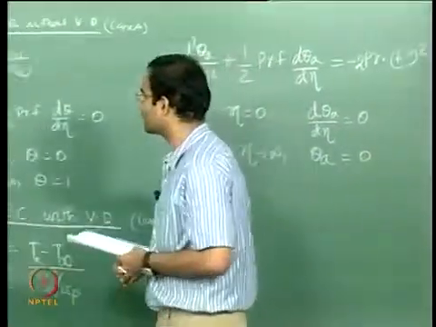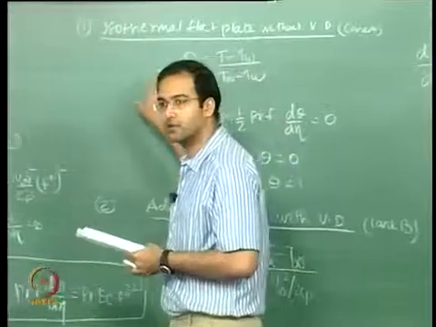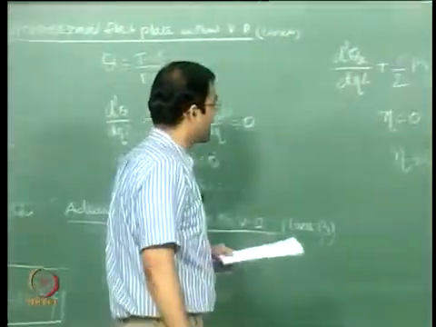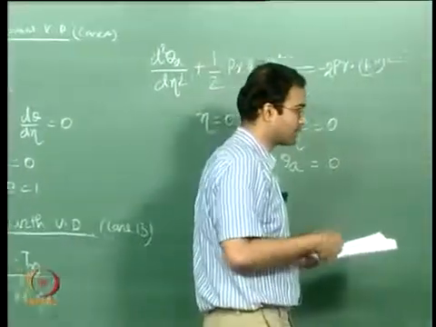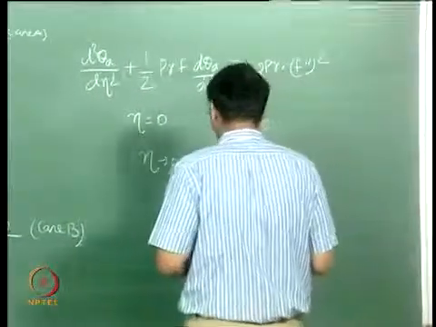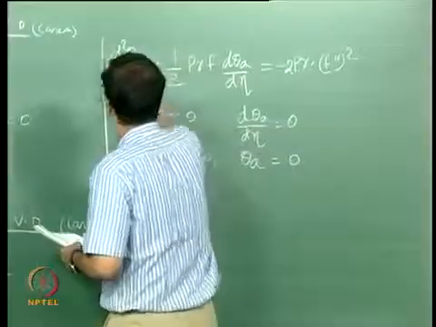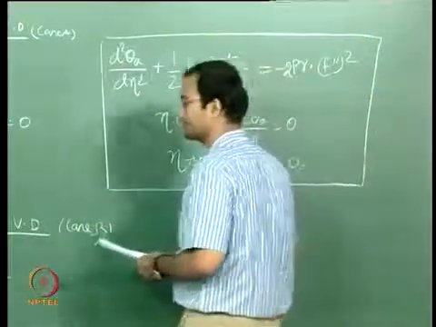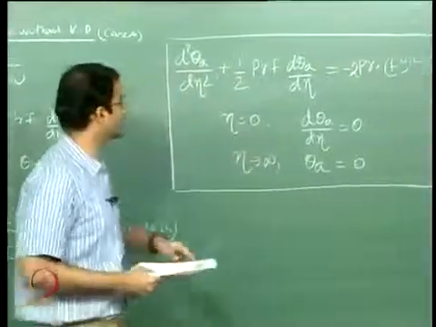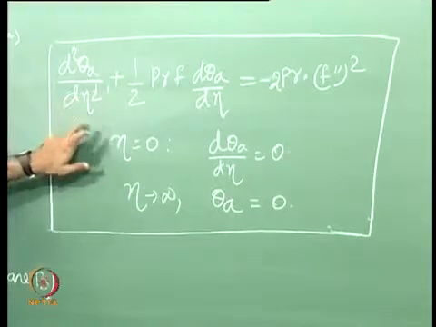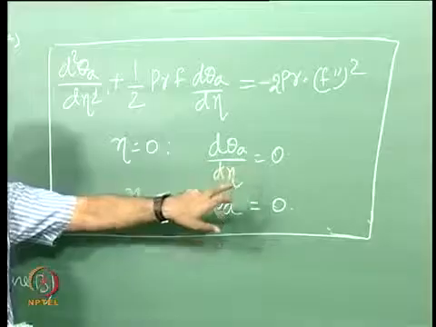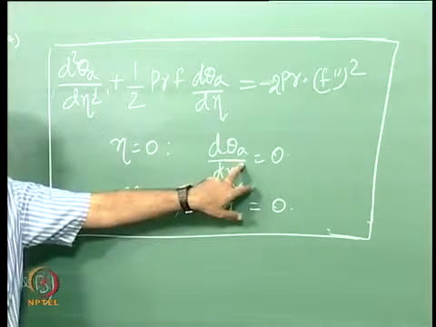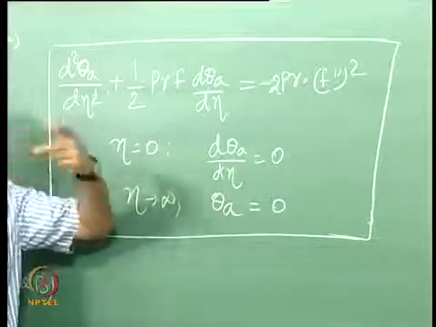Now you have two definitions of theta, one for the isothermal boundary condition, the other for the adiabatic boundary condition, and finally we have to mix these two solutions. This again can be solved by the shooting method. This is another ODE which you can write as two first order ODEs. You don't have the boundary condition for theta at eta equal to 0, so you can guess that.